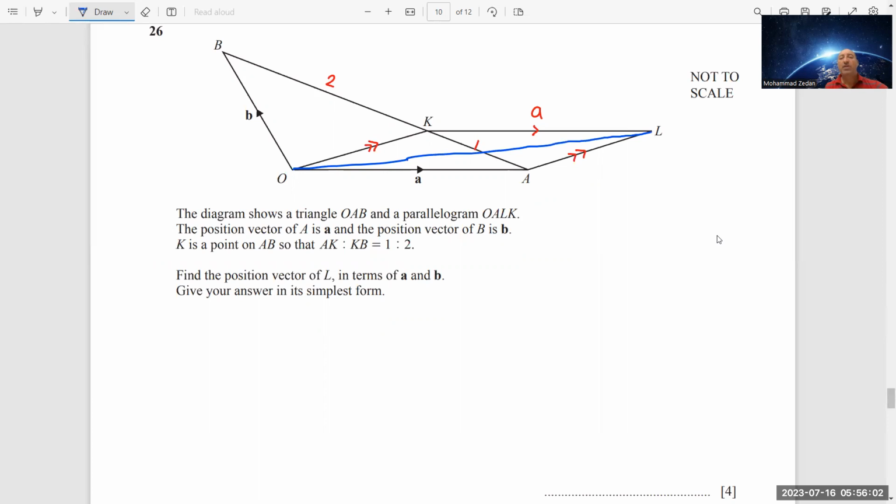You can use this upper triangle, OKL or OAL, to find the vector OL. As you see here, the vector OL, the position vector of point L, is the vector OK plus the vector KL. I'm using this triangle, but I can use the lower one, no problem.